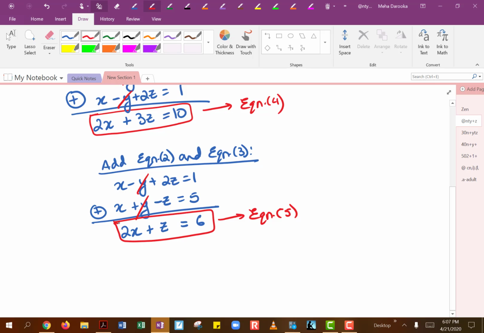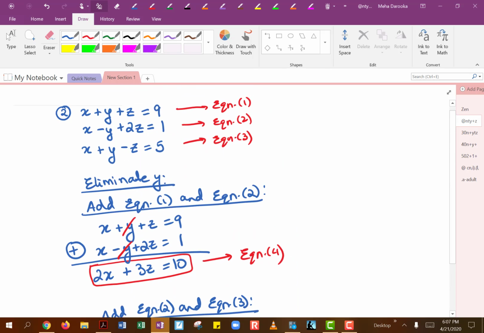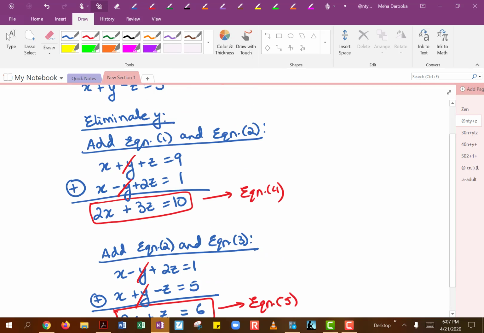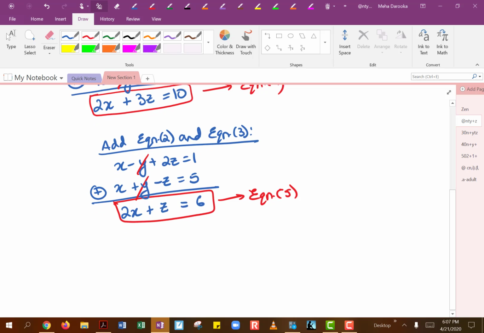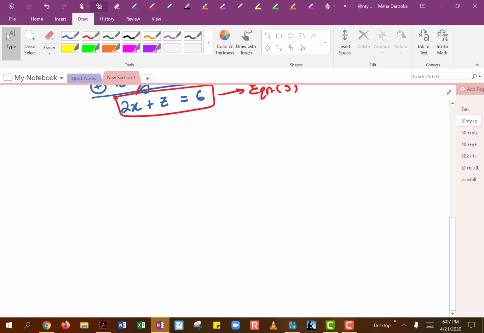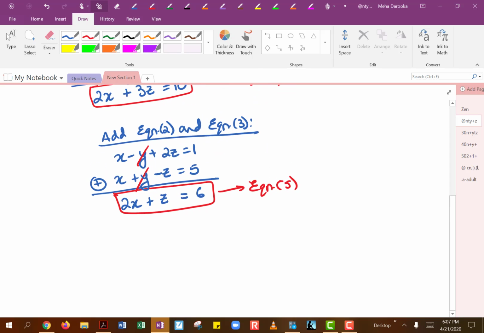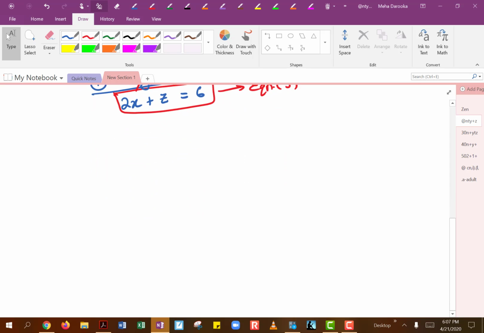So you can see I now have two equations in two variables. This is what they were asking us to do, by taking a system of three equations in three variables and reducing it down to two equations in two variables. Let's write this new system down over here.